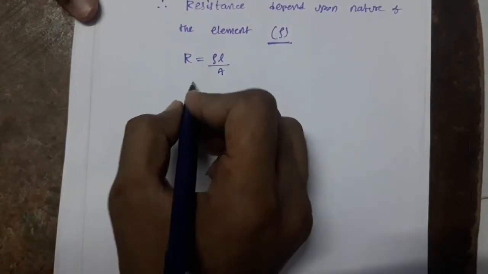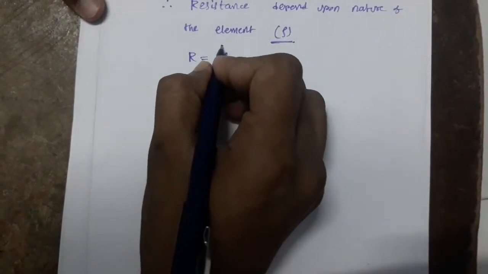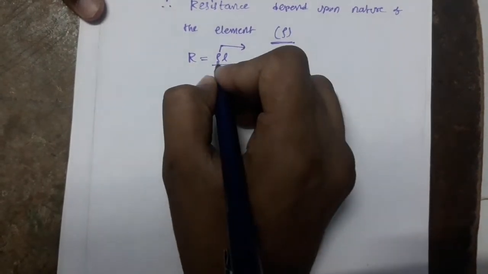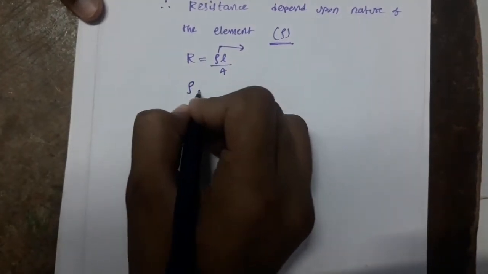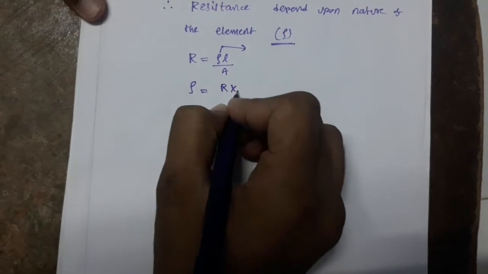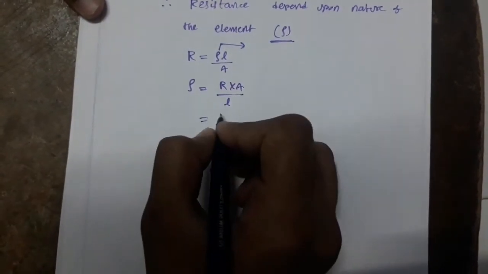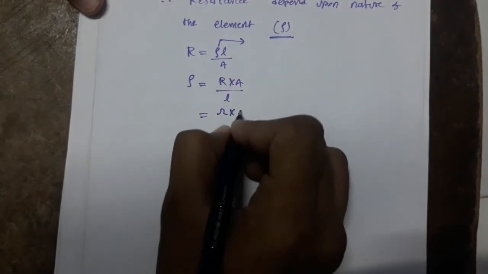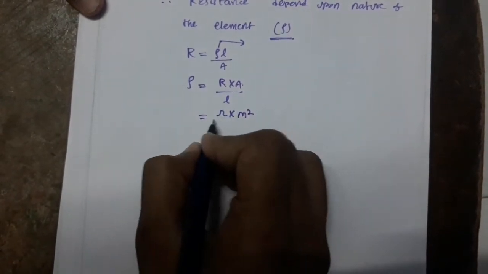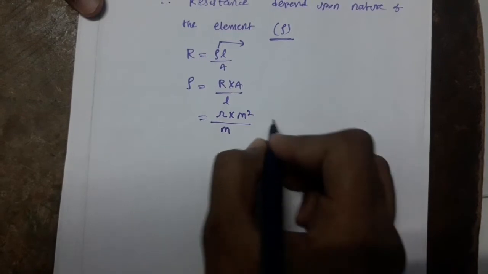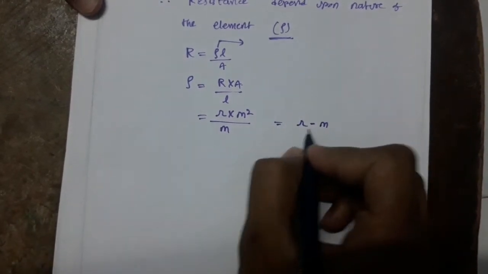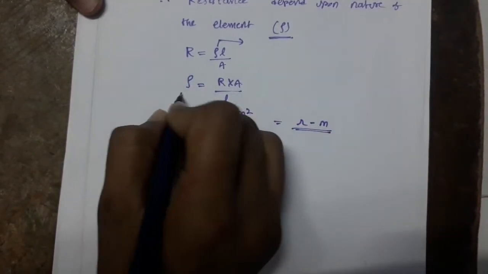From this, we have to find the units of rho. So rho equal to R into A by L. A is area, it will be in meter square, whereas length is in meter, so ohm meter. Units of specific resistance is ohm meter.